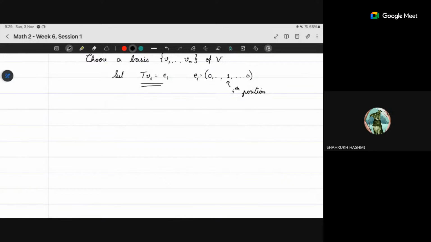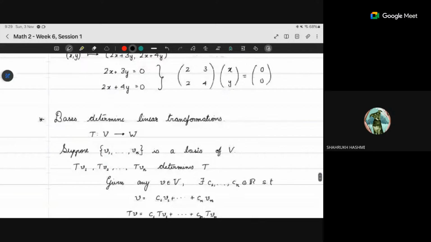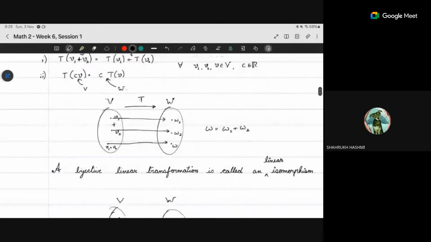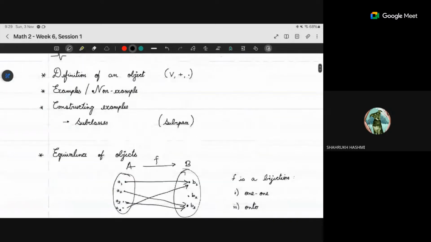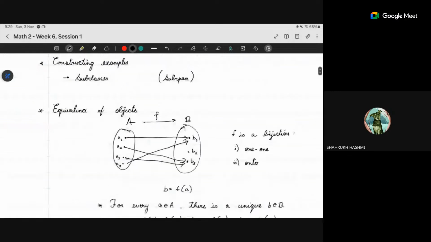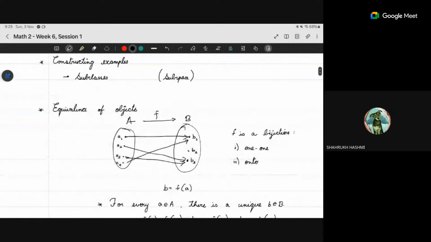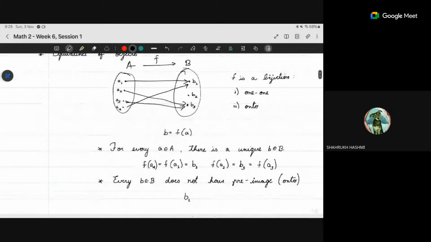And next, what we will do, in the big picture that I was saying earlier, we look at objects, we look at examples, non-examples, constructing examples using subclasses or operations between objects, and then we define what is equivalence. And after this point is where you make a connection to existing things, or you look for interesting properties of these things.